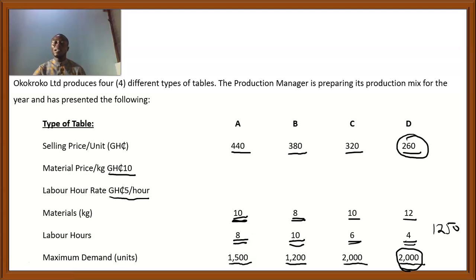So it means that if we buy it from the supplier at 180, we can go and sell it at 260. That is, we are going to get a contribution of 80. That means you have to accept it.